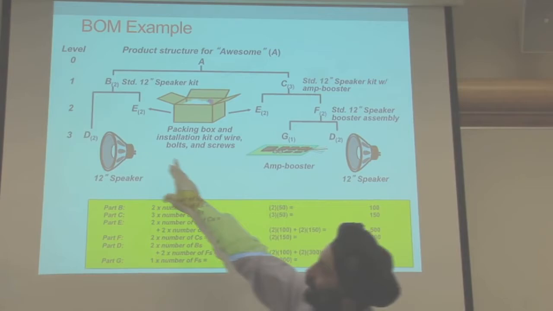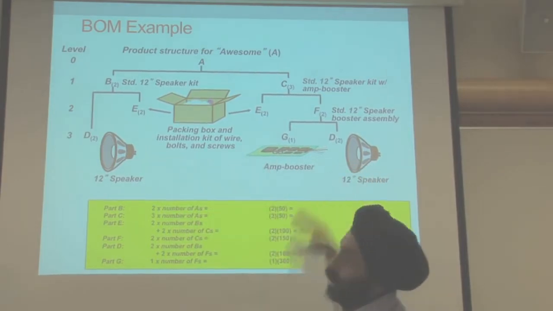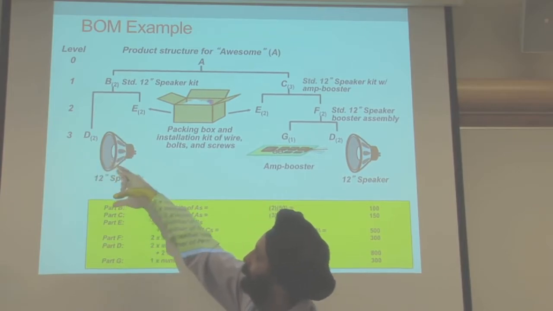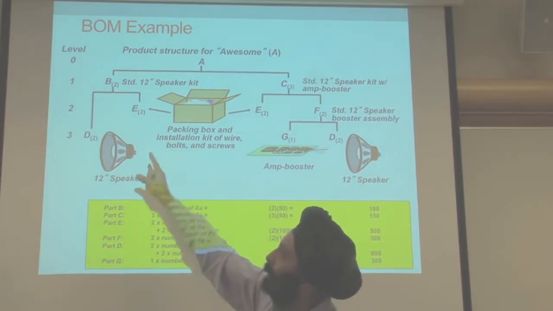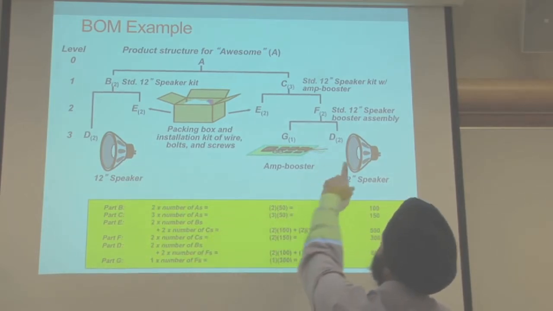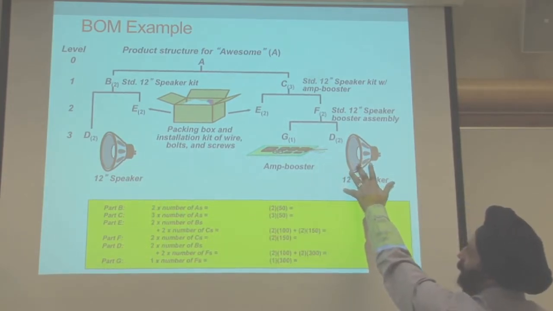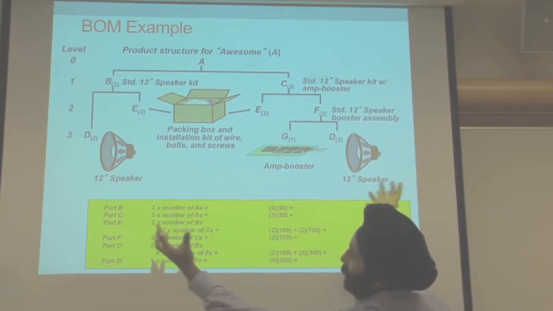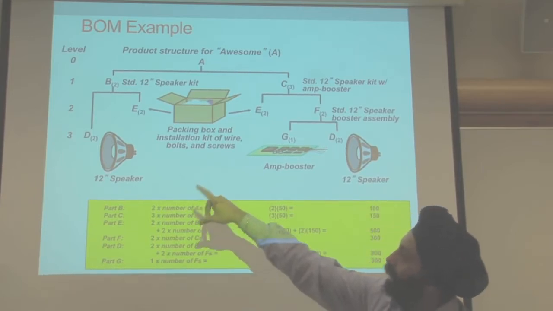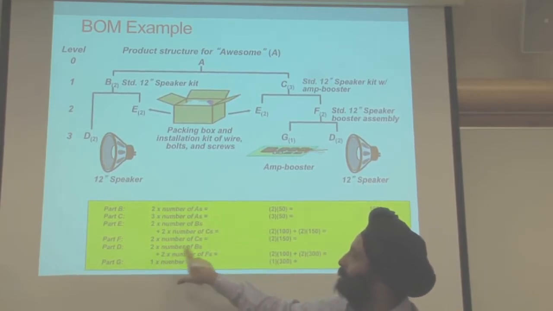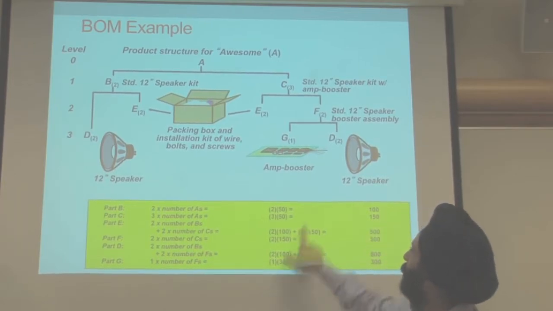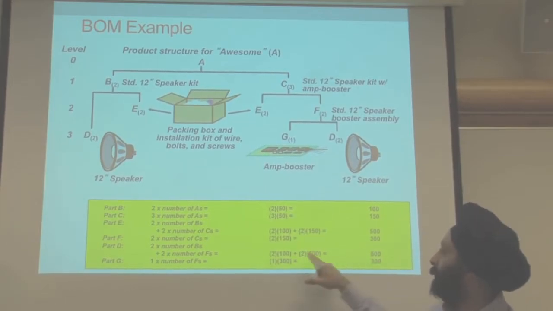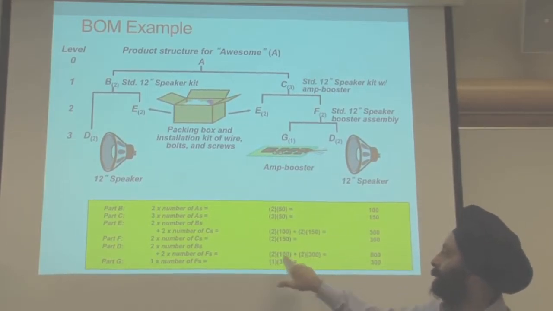Now we finally come to level 3 based on our lower level coding, and we are coming to D. For each B you require 2 D's, and the second occurrence of D is on this end, where for each F you require 2 D's. So you have 2 different areas where D is needed. The first is 2 times the number of B, which is 2 times 100, and then 2 times the number of F's. F we already indicated was 300. 2 times 300 is 600 plus 200 is 800.